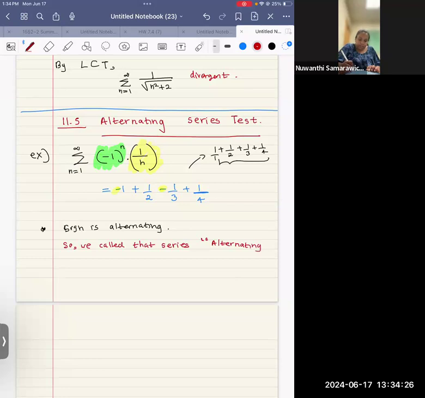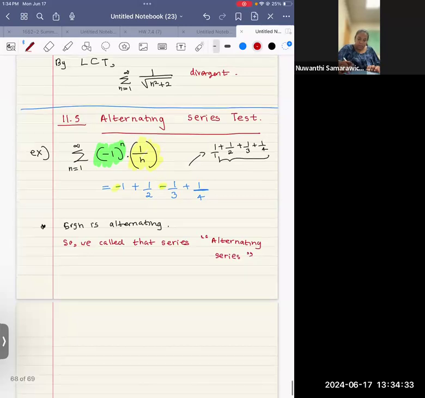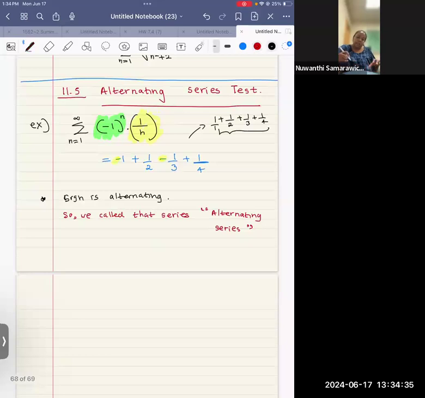If it is an alternating series, we are going to use the alternating series test to check the convergence or the divergence of the series.